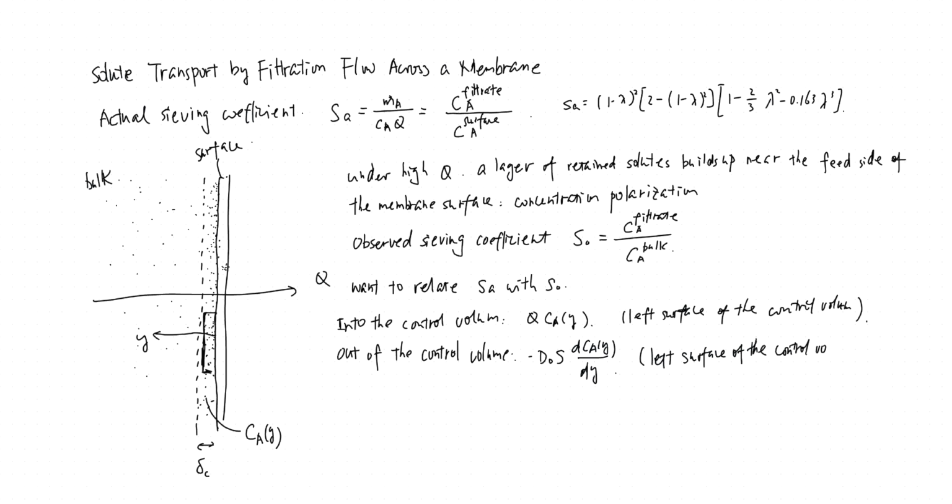You also have solute leaving from the right side of the control volume. This is due to the flux across the membrane, the filtration. So you will have Q multiplied by Ca filtrate. It is the right surface.